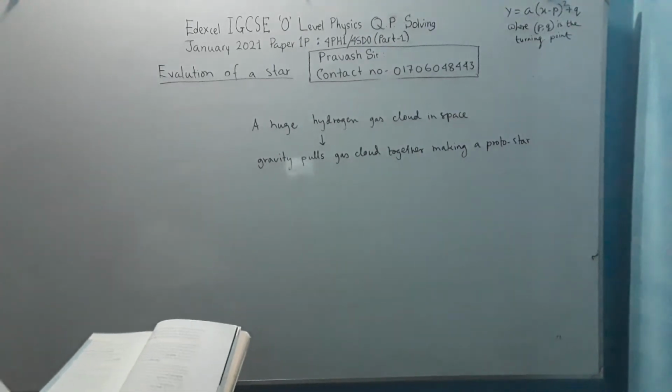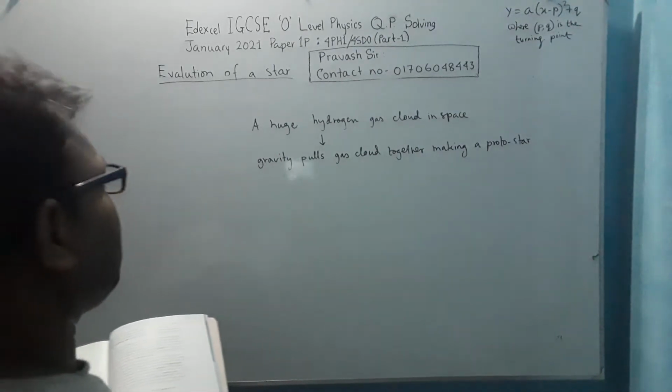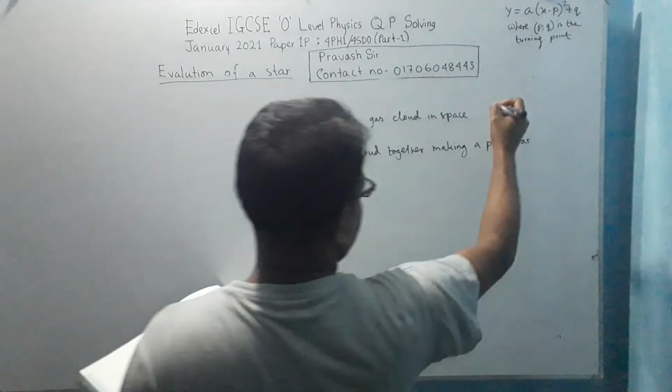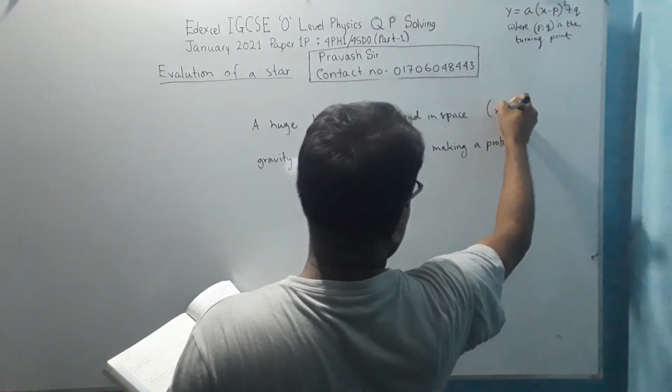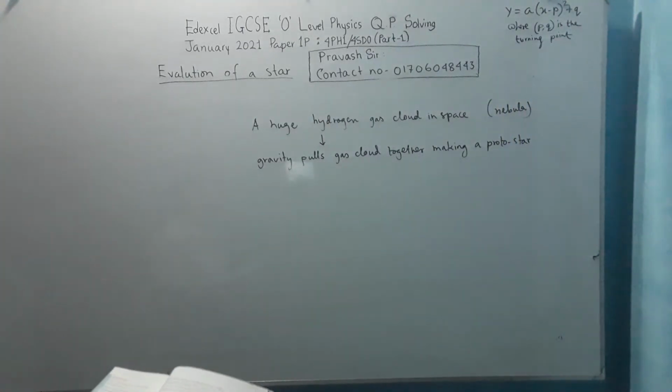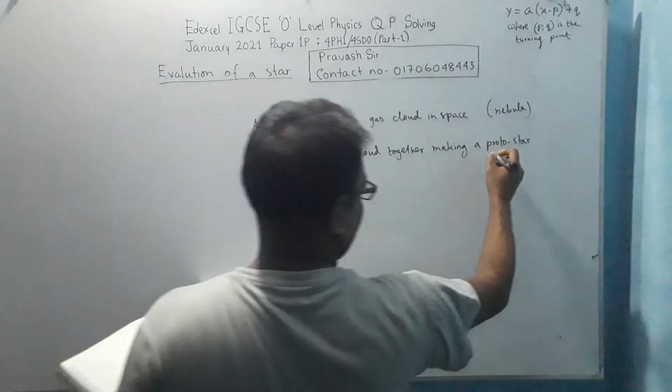This is the second stage. Gravity pulls the gas cloud together making a protostar. And the first stage is actually called the nebula. The second stage is the protostar.